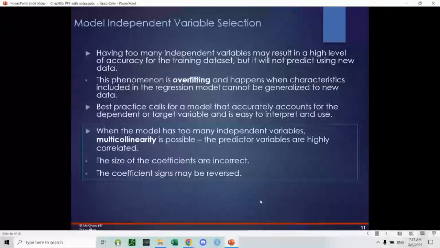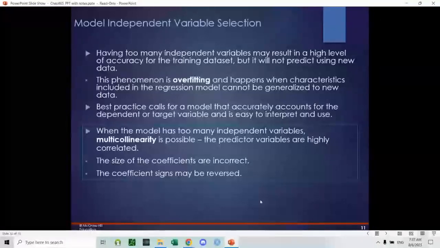Okay, if you create a model that has too many independent variables, you may have very high accuracy on the training data set, but it is unable to predict when given new data. This is called overfitting. Similarly, when a model has too many independent variables, multicollinearity is possible, which indicates that the predictor variables are highly correlated. In this case, the size of the coefficients is incorrect, and the signs of the coefficients may be reversed.